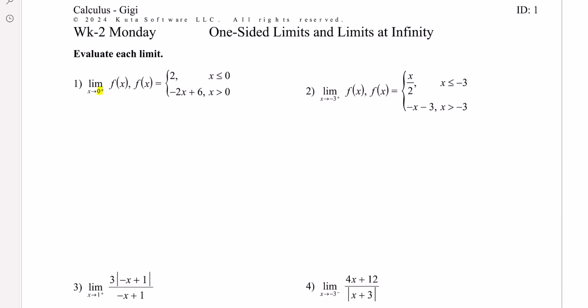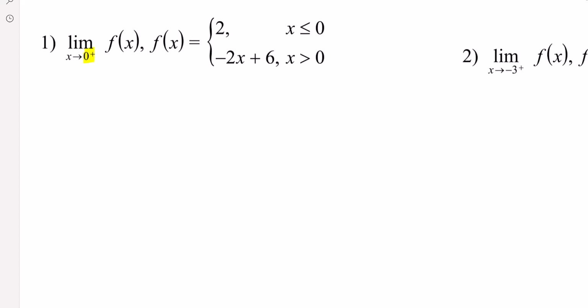Okay. So on piecewise functions and one-sided limits, notice this is greater than, goes in the right direction, less than goes in the left direction. Same with greater than or equal.